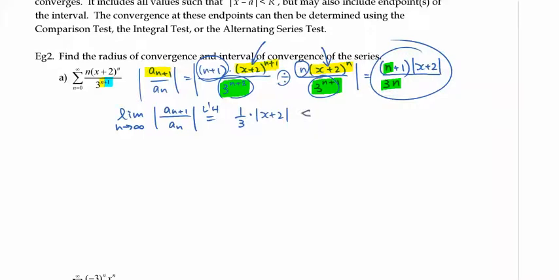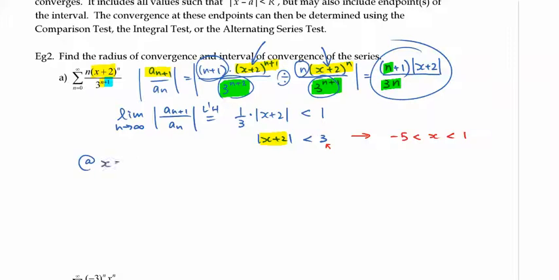So making this less than 1, we get an expression that looks like this, which means I have a series centered at -2, which is quite obvious when you look at the question itself, with the radius of convergence equal to 3. So solving for x, I will have anything going from -5 to 1. But this is not the end yet. We need the endpoints.